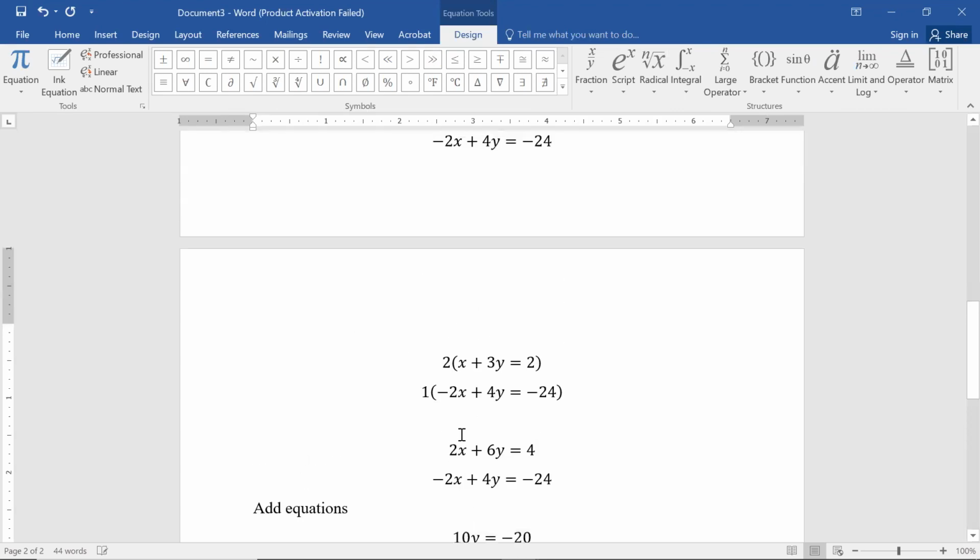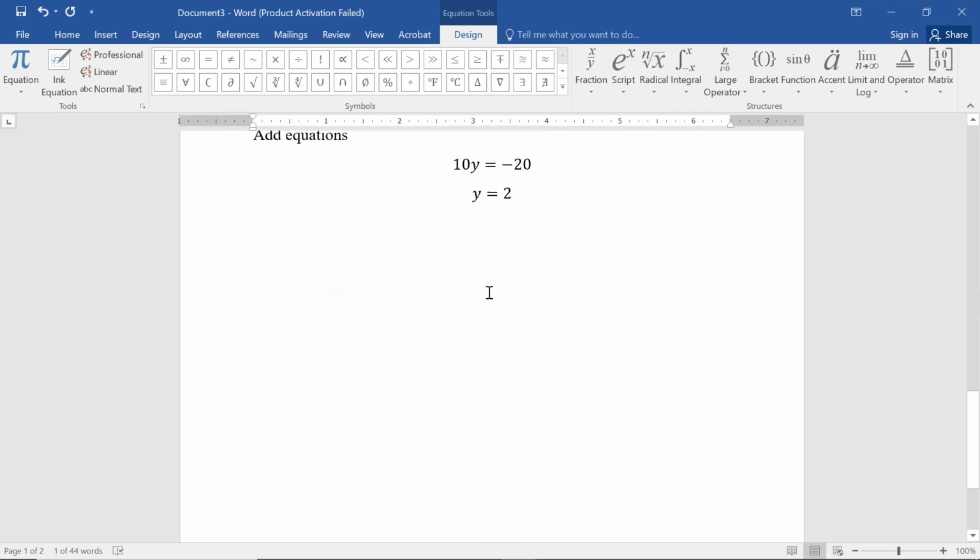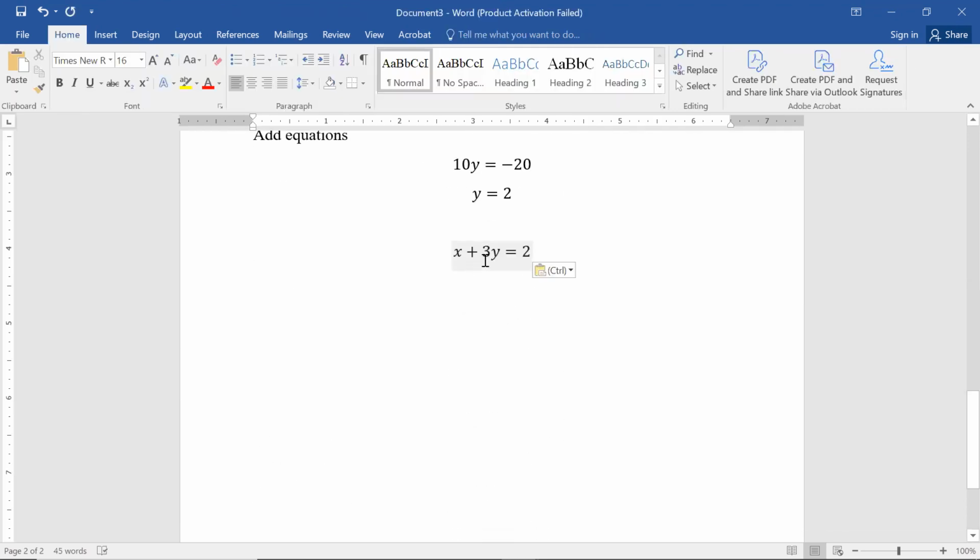Once I have the y value, I grab one of my xy equations, doesn't matter which one, and plug in the y value of -2. Got to be careful, I missed a couple of negatives here.